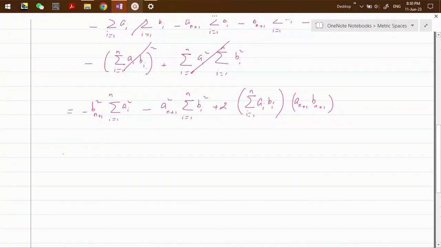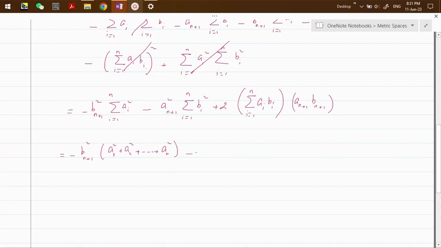So we have minus b(n+1) square into a1 square plus a2 square plus and so on an square.